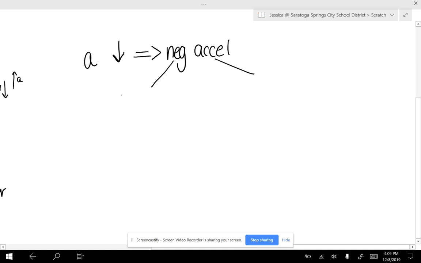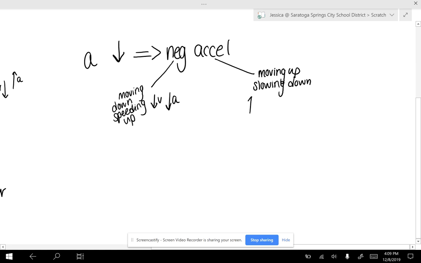We can either be moving down and speeding up. Remember, anytime we are speeding up, velocity and acceleration have the same direction, or we can be moving up but slowing down. Whenever we're slowing down, velocity and acceleration are in opposite directions.